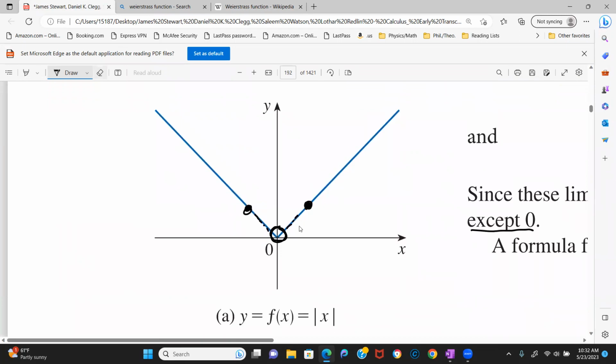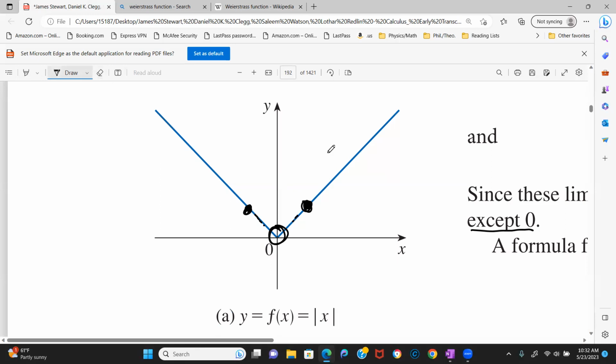We want to know what's the moral reason why it's not going to be differentiable at zero. And this is the reason: if you consider tangent lines on the left or the right of zero, you're going to get different numbers. You're going to get -1 and 1. You're going to get positive slope on the right, but negative slope of tangent lines on the left.